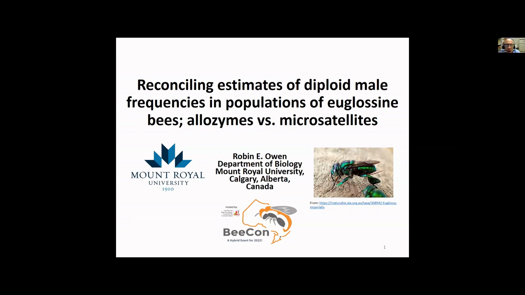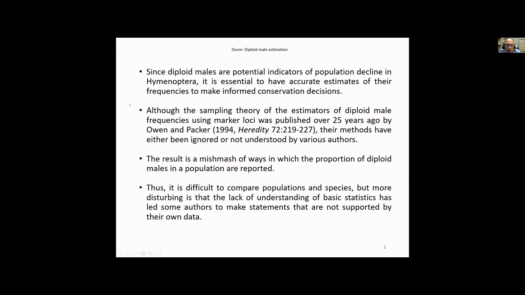But today I'm going to talk about diploid male frequencies in euglossine bees, these very colorful orchid bees found in South America. Of course, diploid males are produced generally by inbreeding in populations, and we're not concerned about the actual mechanisms, though often there's a single locus sex determination system, but they are potential indicators of population decline.